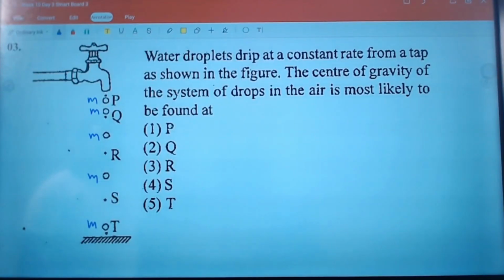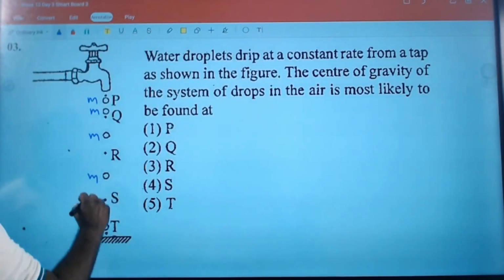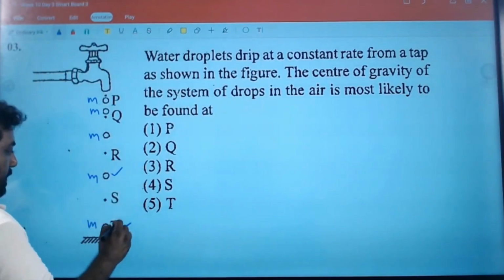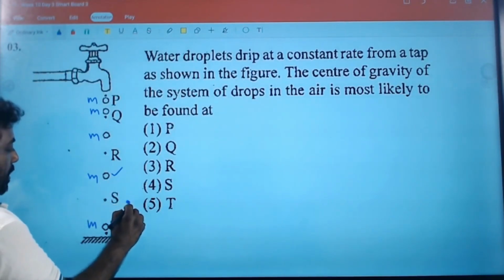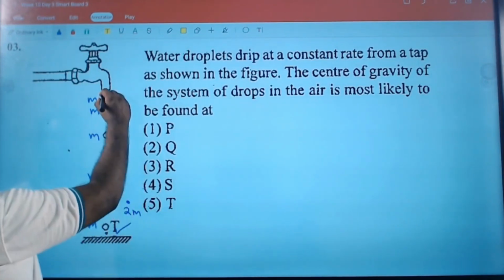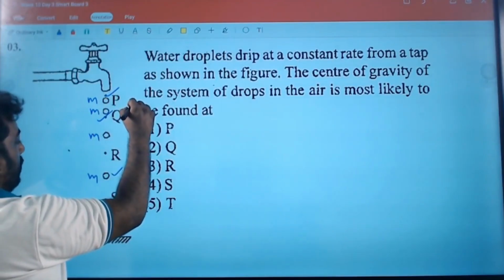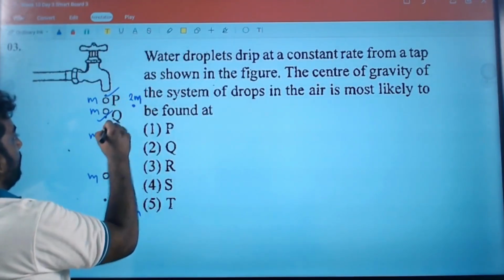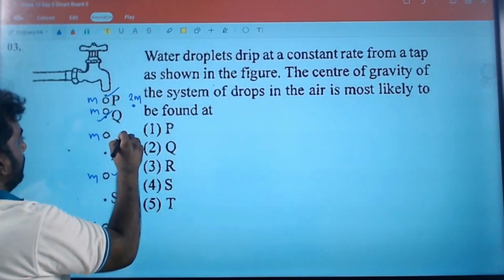If I take these two masses, 1:1 ratio, the total mass here is 2. If I take these two masses, 1:1 ratio, total mass in between is 2, here we have L.